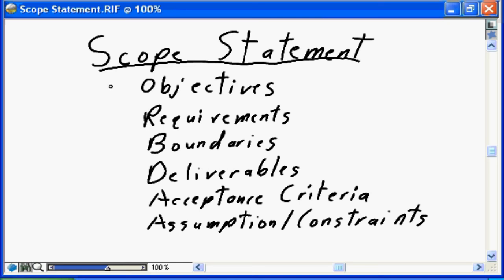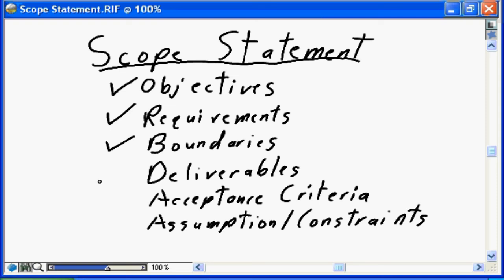So the scope statement needs to identify the objectives for the project, why the business initiated the project in the beginning. It needs to define the specific requirements that the business has for the project. It needs to define the boundaries, i.e. what is in scope and what is not in scope, with sufficient definition to make it clear and unambiguous.